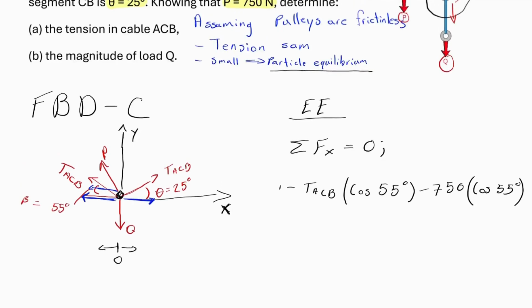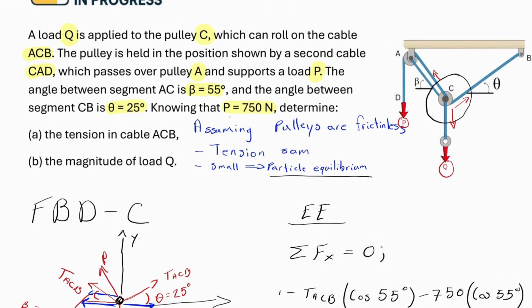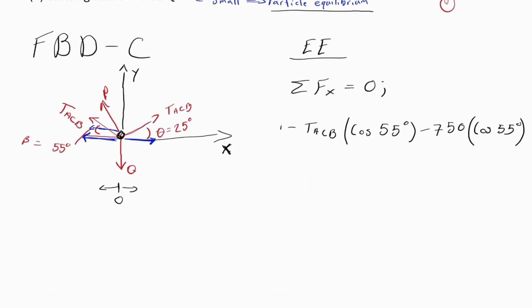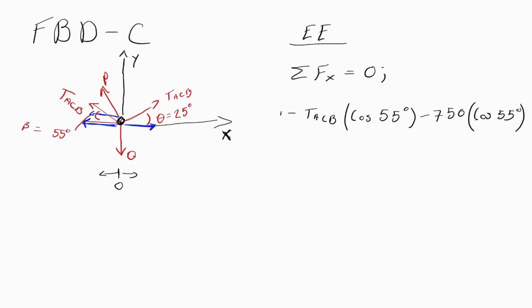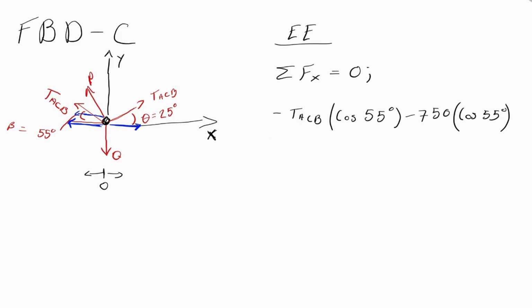And this one, we said before, if you recall, P is 750 newtons, so we're gonna take 750 times cosine of 55, also using the same reasoning we used before with the SOHCAHTOA. Now we're gonna do TAC B, the positive components of this, so we're gonna do plus TAC B, but this one has a 25 degree angle right here, so we're gonna utilize cosine of 25 degrees.